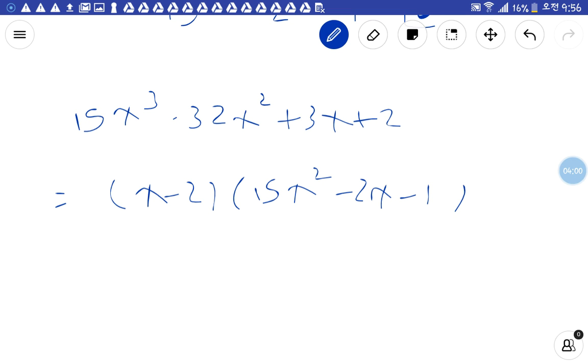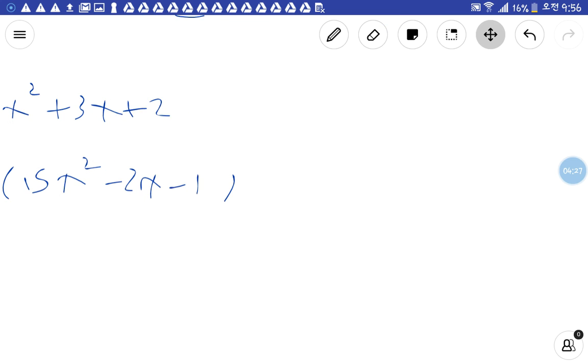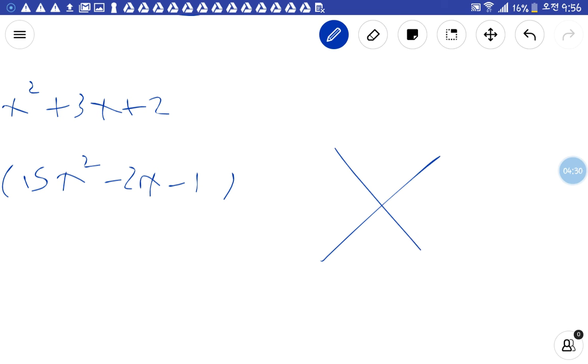If the second factor can be factored, please keep doing so that you can find your roots more easily. If it's not going to factor, you have a powerful way to get your answer, which is the quadratic formula, right? But if those are not rational roots, then you cannot take them. But let's work on 15x squared minus 2x minus 1. The product of 15 and negative 1 is negative 15, and I have negative 2.